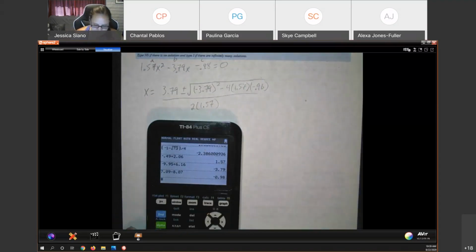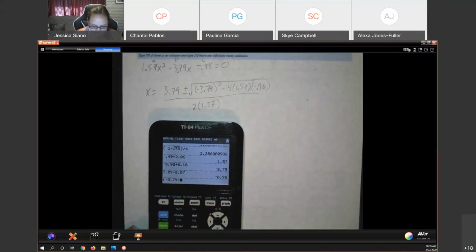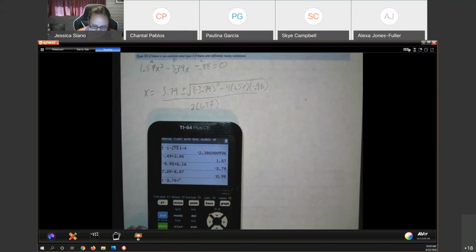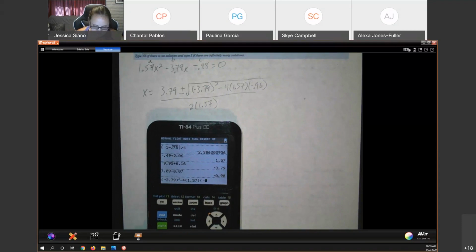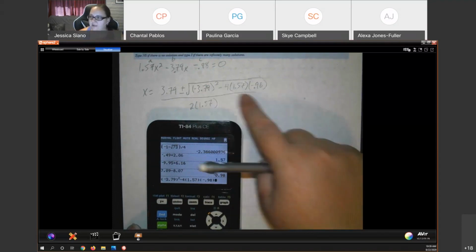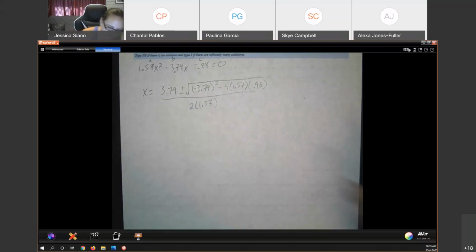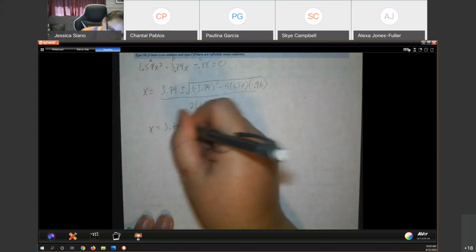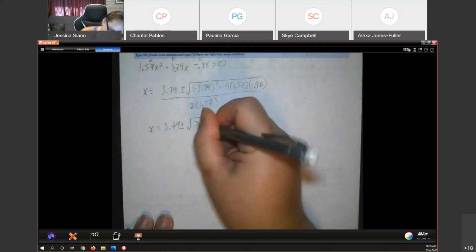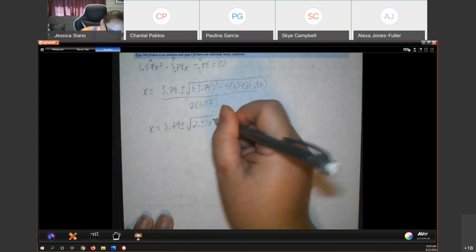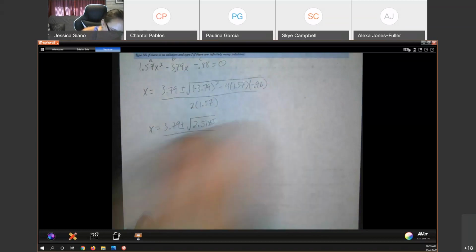So it is negative 3.79 squared minus 4 times 1.57 times negative 0.98. See how that's my whole radicand? 20.5185. Over 2 times 1.57.